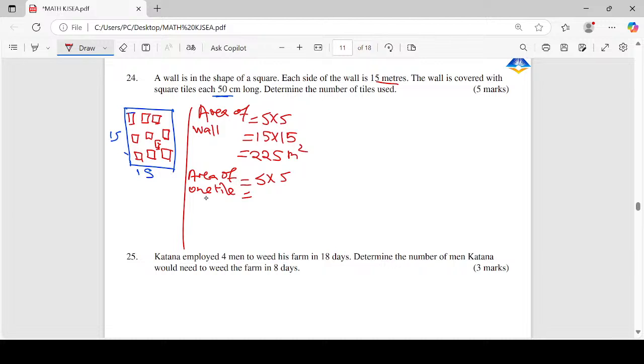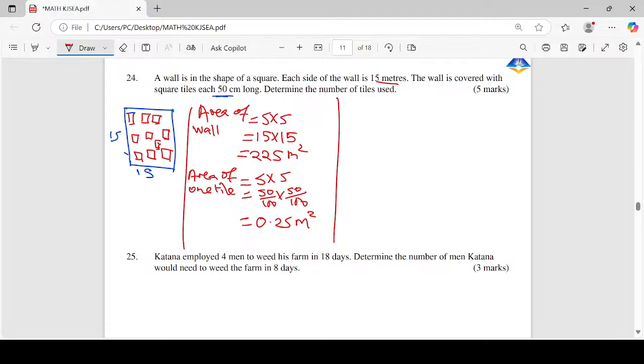The tile is 50 centimeters by 50. I want to convert them to meters by dividing by 100. So 50 over 100 times 50 over 100. You are going to get 0.25. The area of each tile is 0.25 square meters.